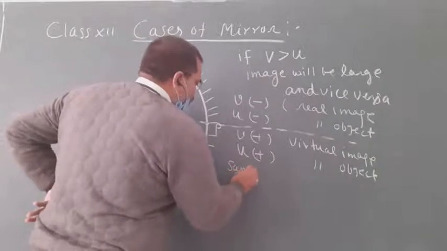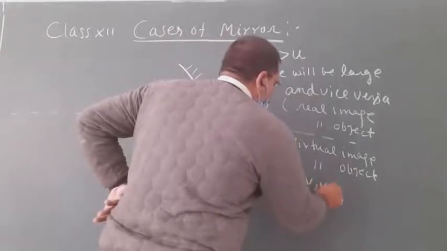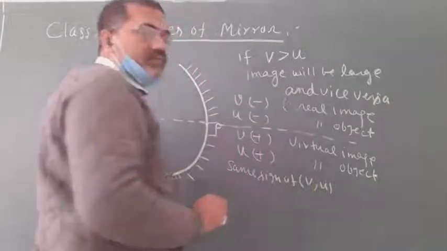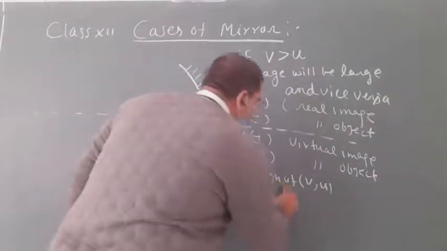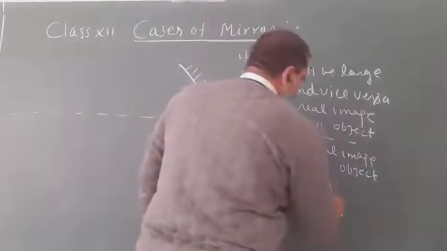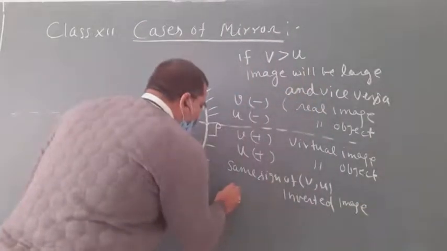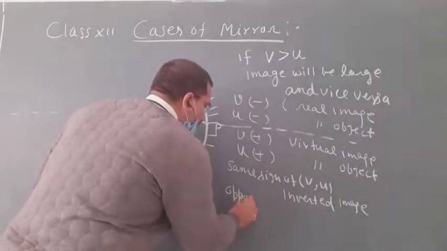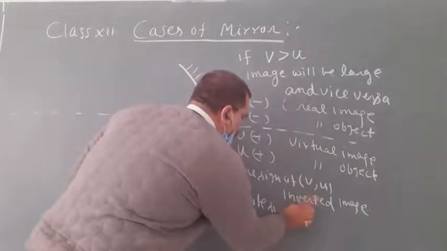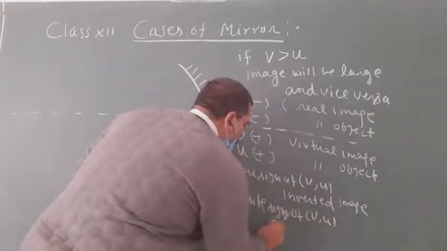Same sign of V and U, inverted image. Opposite sign of V and U, erect image.